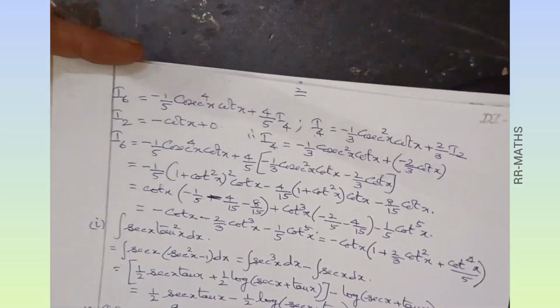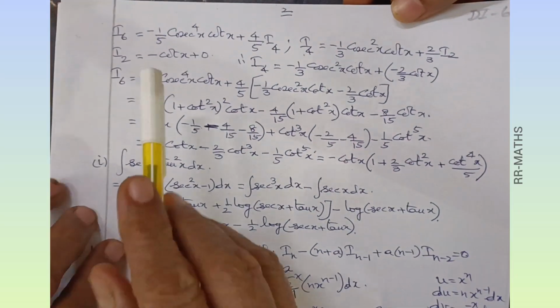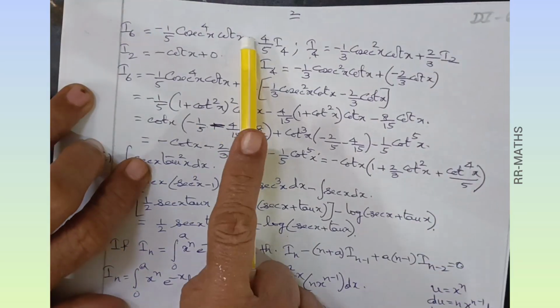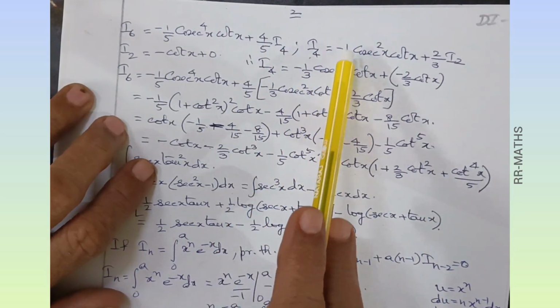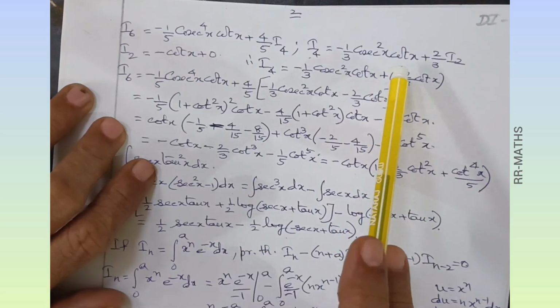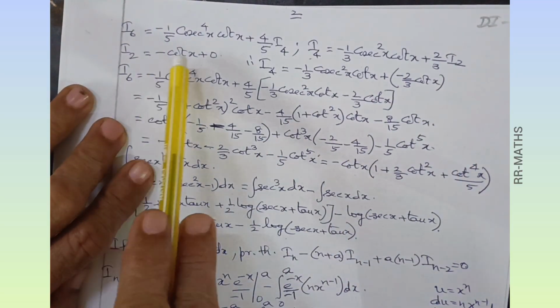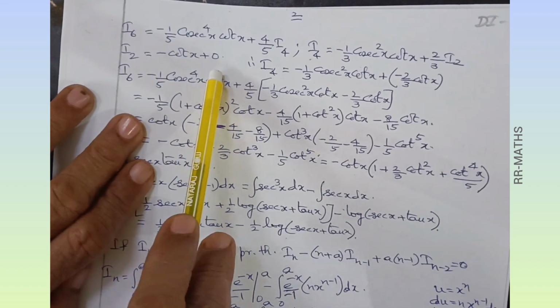So we'll apply the formula here, and that gives I6 as minus 1 by 5 cosecant to the power of 4 x cot x plus 4 by 5 I4. And I4 will be minus 1 by 3 cosecant square x cot x plus 2 by 3 I2. I2 will be minus cot x, and you won't have the other term, that is n minus 2 will become 0.